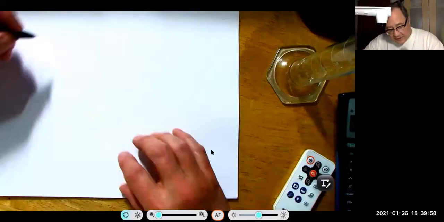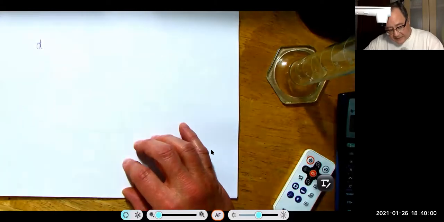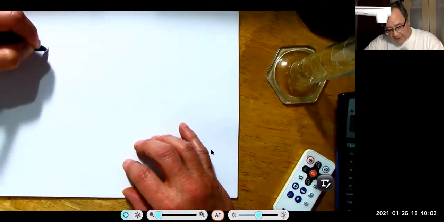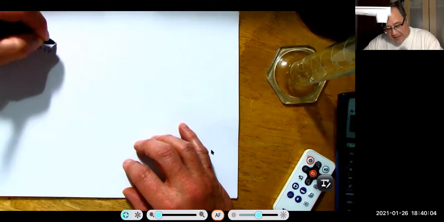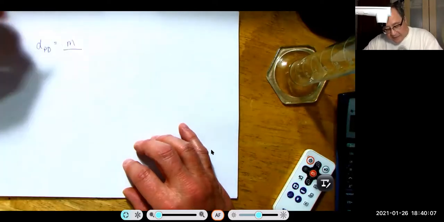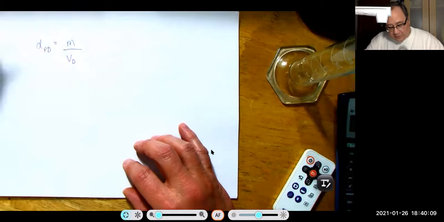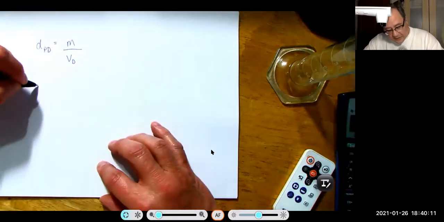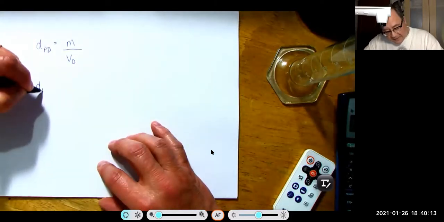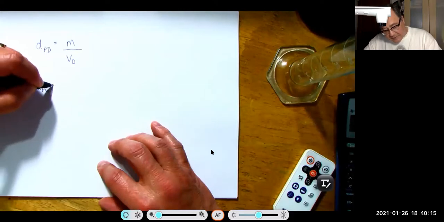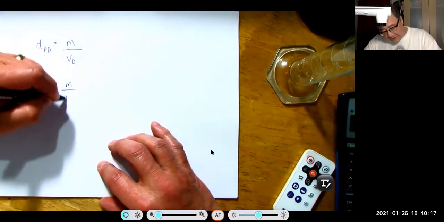For the density, you would have the density of the penny using the volume by displacement. And that would be the mass of the penny divided by the volume by displacement. And you'd plug 2 numbers in here. And you would also calculate the volume of the penny by geometric shape. And that would be the mass divided by the volume for geometric shape.